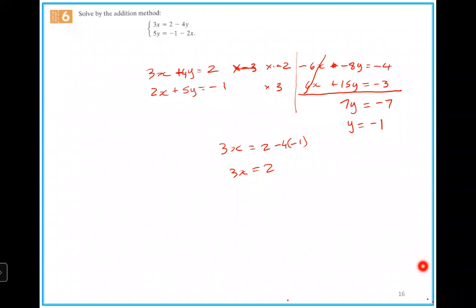That's plus 4. So 3x equals 6. X would be equal to 6 divided by 3. X equals 2. So x equals 2 and y equals negative 1. And we could check our answer to see if it works for both.